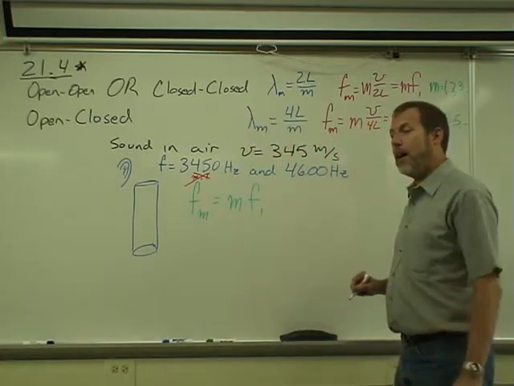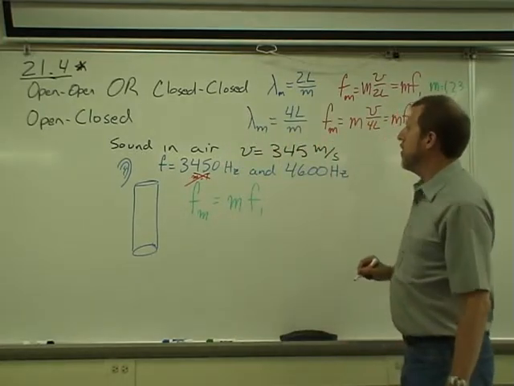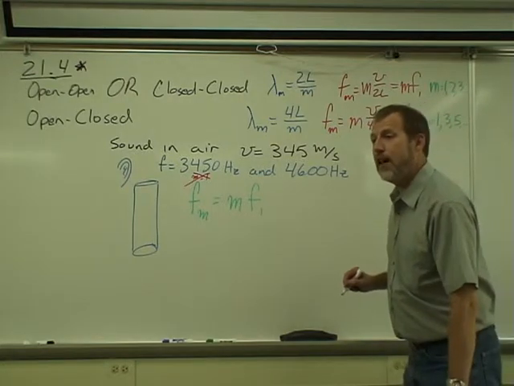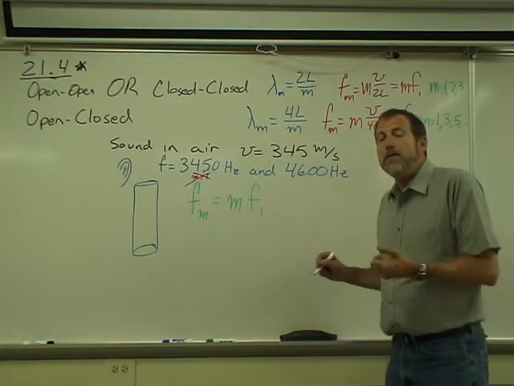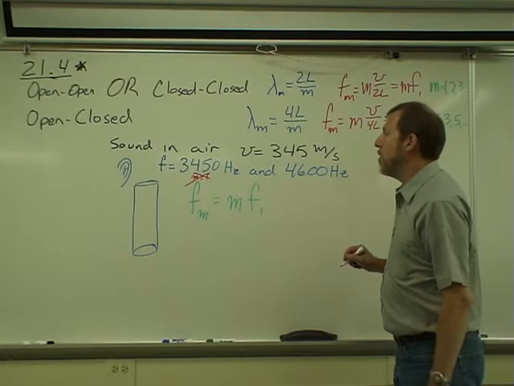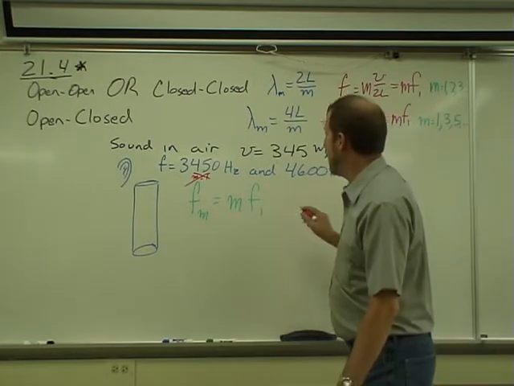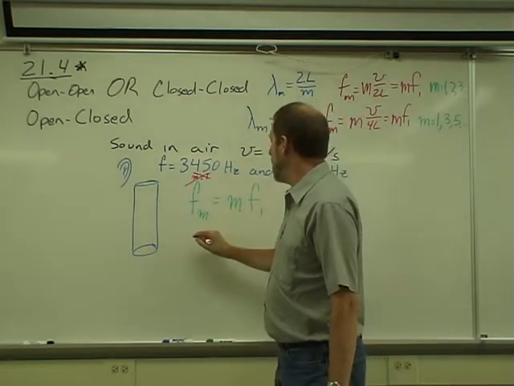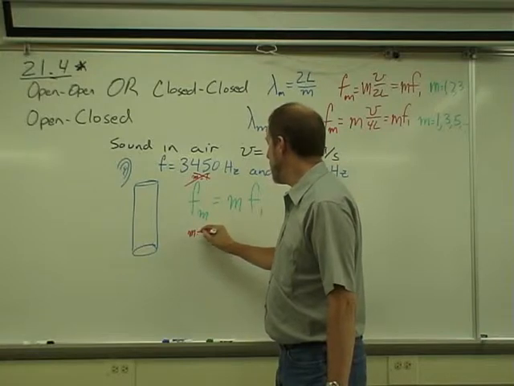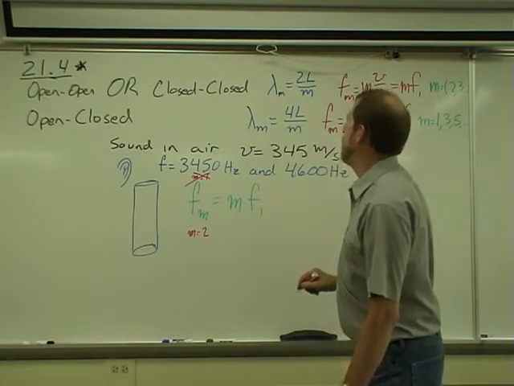It's a way of finding out which way this fits. I'm just taking you through one way. Use the way that works best for you. So suppose that were m equals 2.